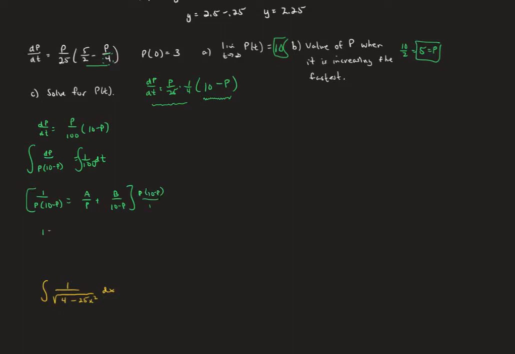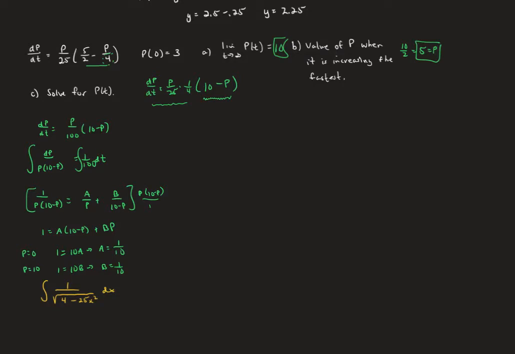And so we'll get 1 is equal to A times 10 minus P plus BP. So we can choose P to be 0. That means 1 will equal 10A, so A is going to be 1/10. And if we plug in 10, we'll get 1 is equal to 10B, which means that B is also 1/10.